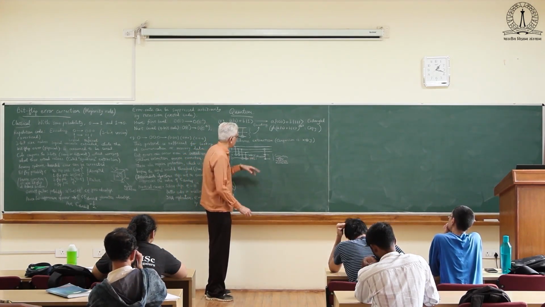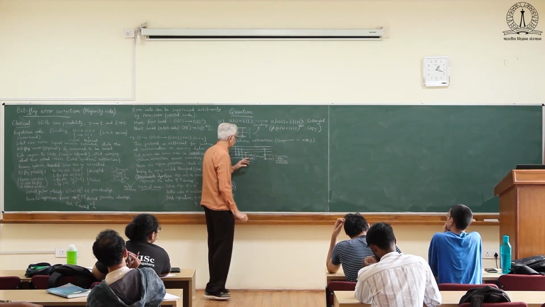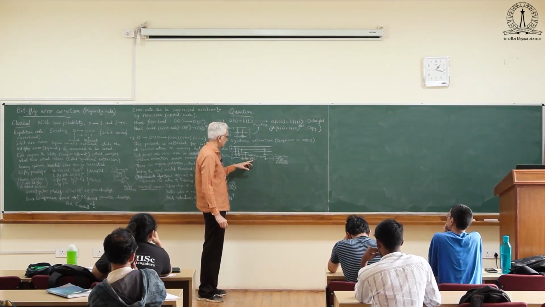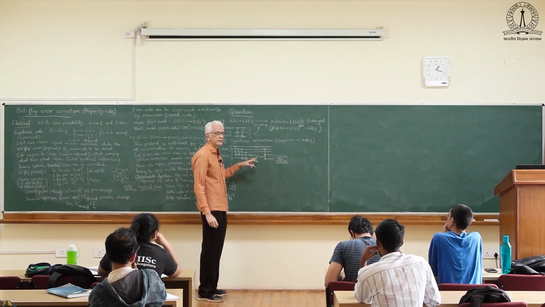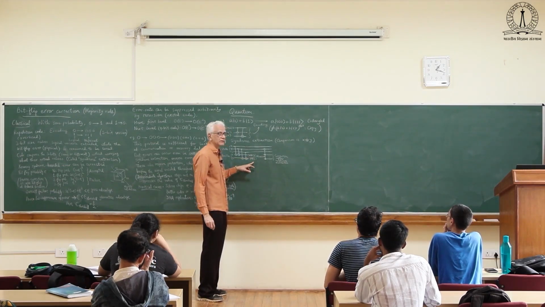Then look at the other cases. Suppose this is 0 and this is 1, which means z is wrong and I have to flip it, but it has to be flipped only if this one is 0 and this is equal to 1.